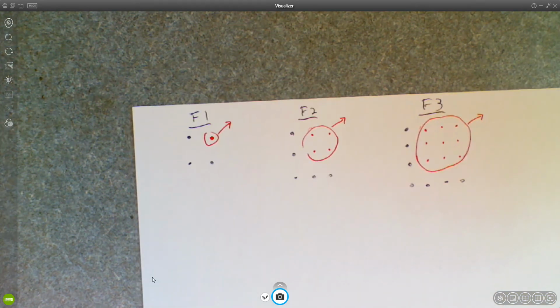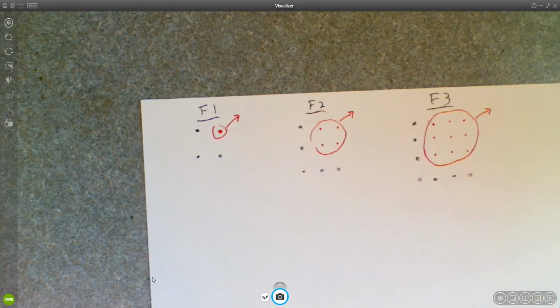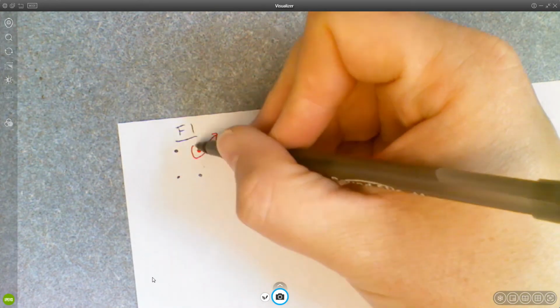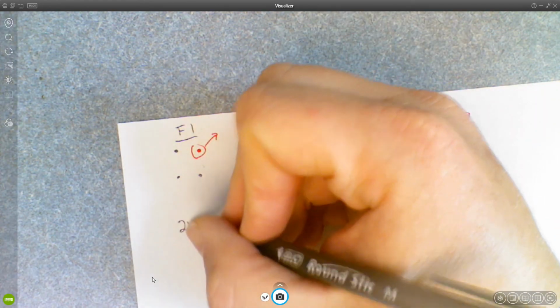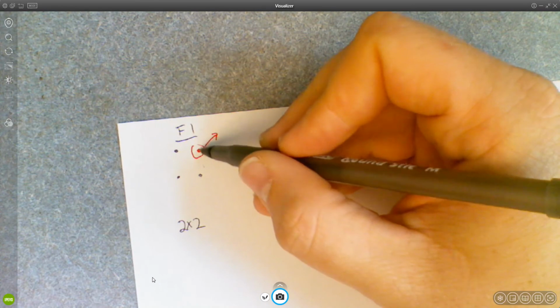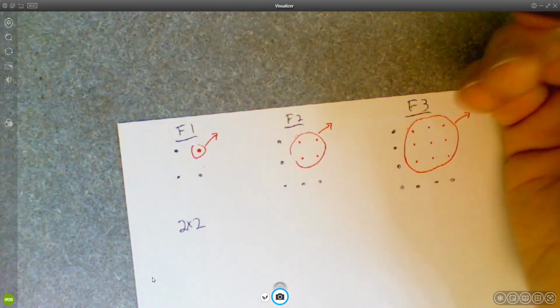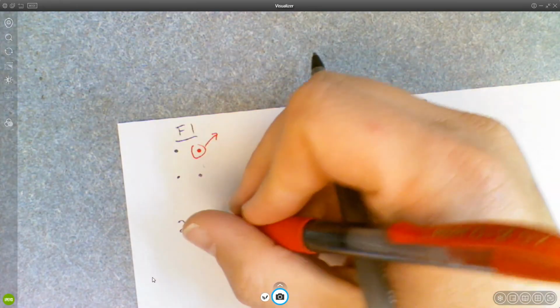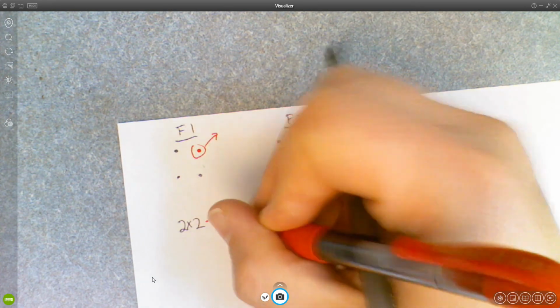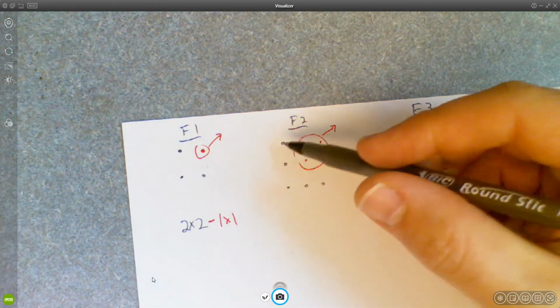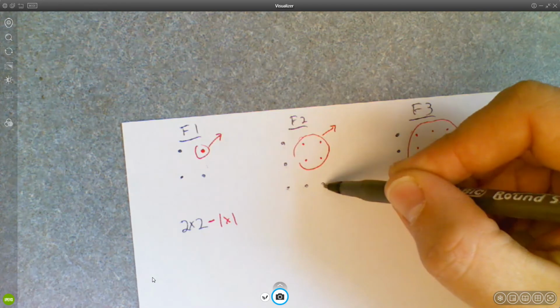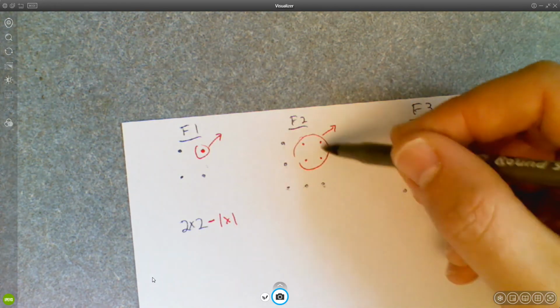Then what I see is that I've got a 2 by 2, and then this is, well, you could call it a 1 by 1, I suppose, right? So I'm going to subtract a 1 by 1. Here I've got a 1, 2, 3 by 1, 2, 3, and I'm going to subtract off a 2 by 2.